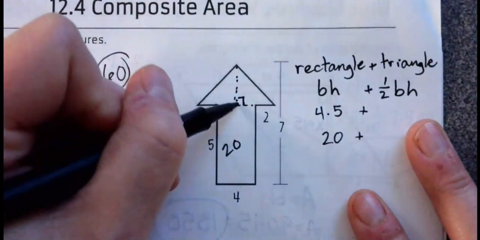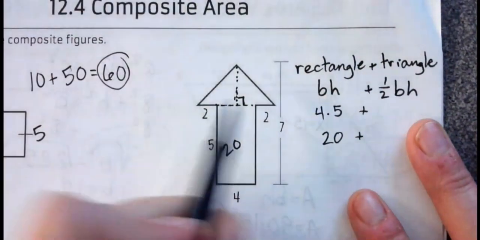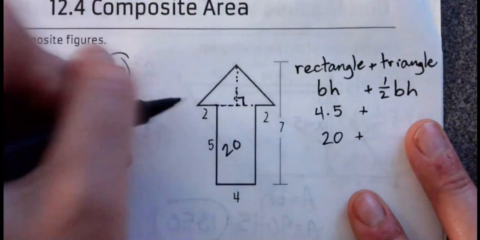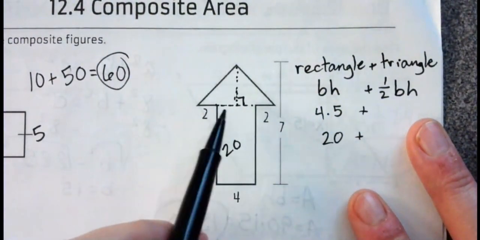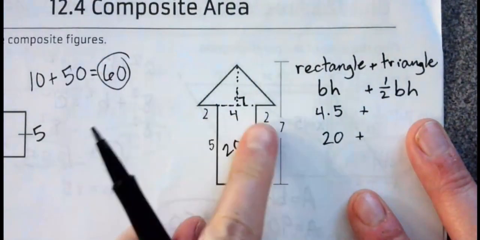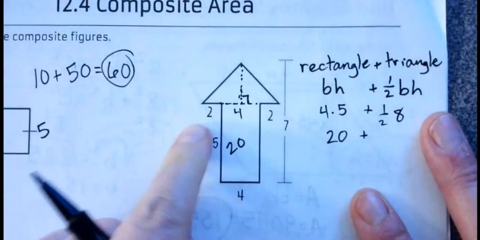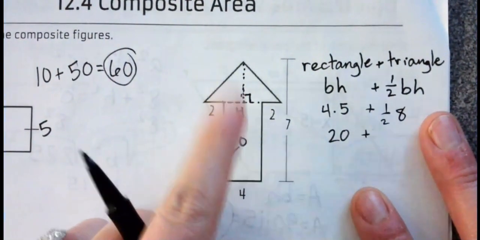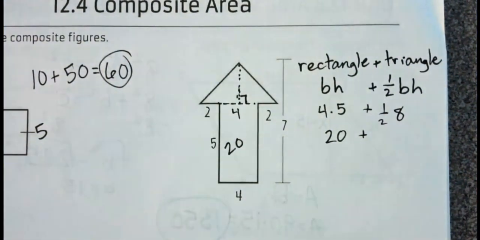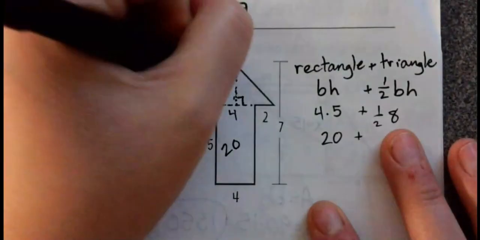So there's my height. It's kind of crooked, but it shouldn't be. And here's my base. The base of this is not 4. This is a rectangle, so that's 4 and that is 4. 2 plus 4 plus 2, the base of that triangle is going to be 8. So just add those 3 numbers together. And then the height: the total shape is 7 units tall, and the rectangle is 5 units tall, so just subtract.